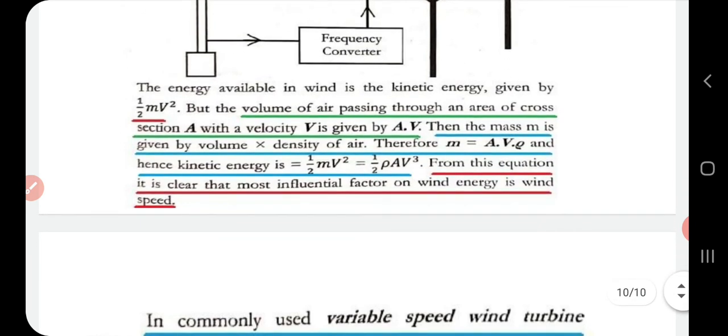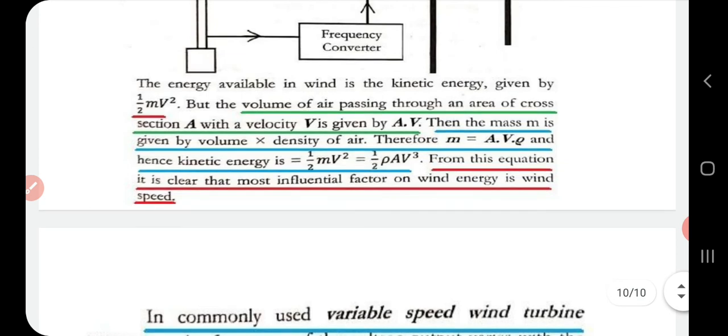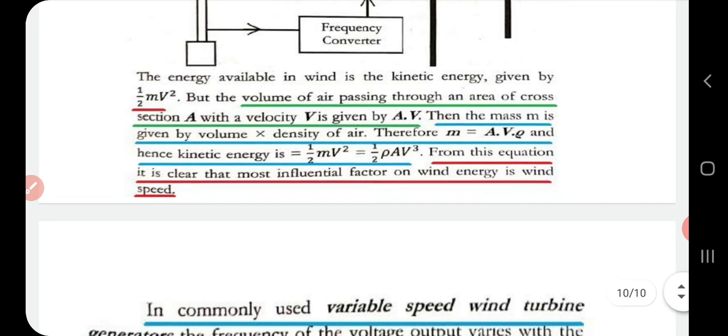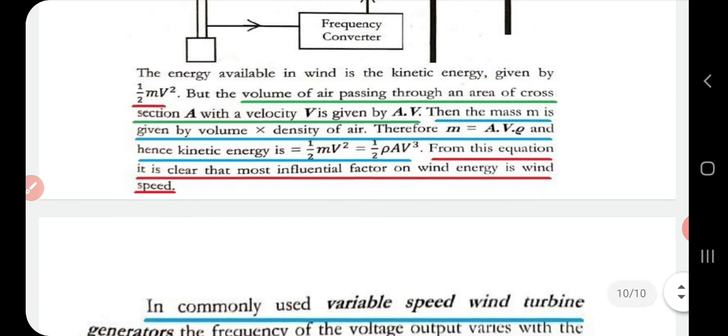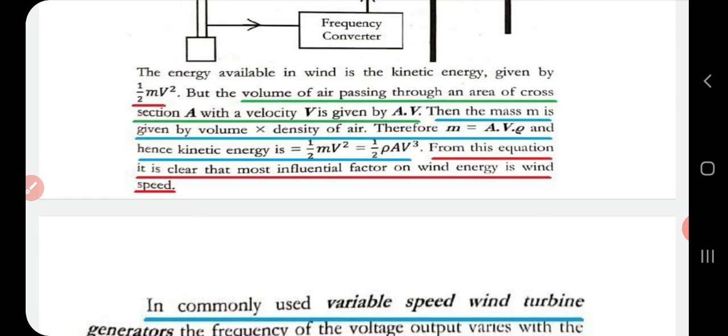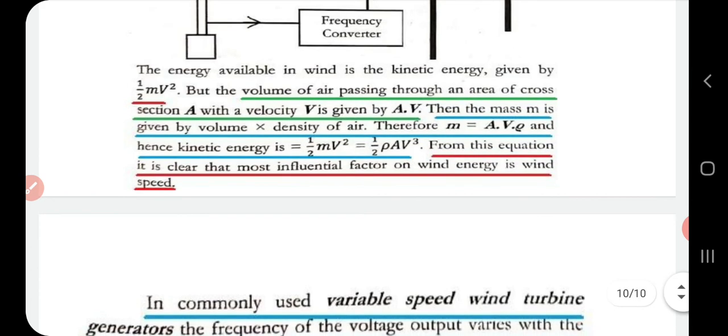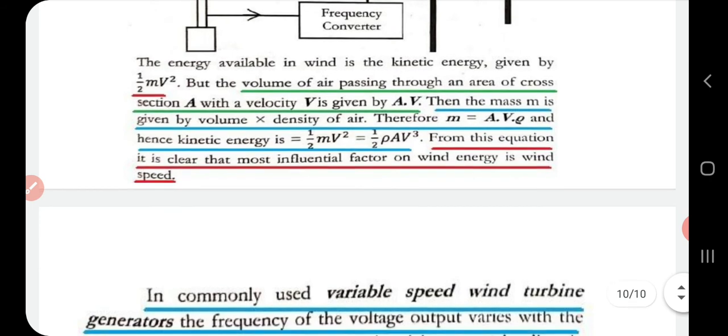Now suppose that the air has a velocity V and it is passing through an area of cross section A, then the volume is calculated as A into V.